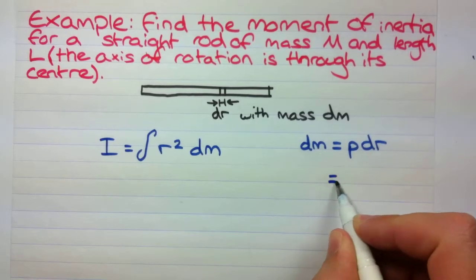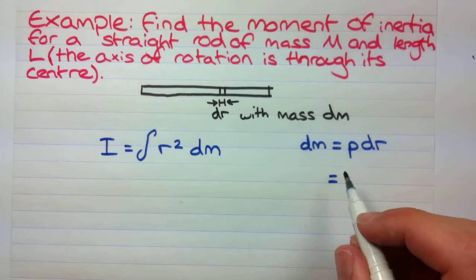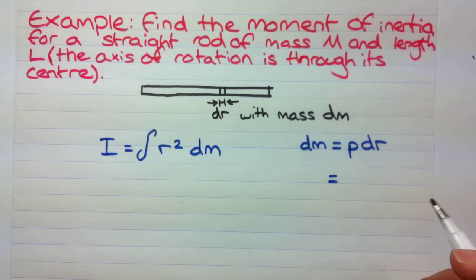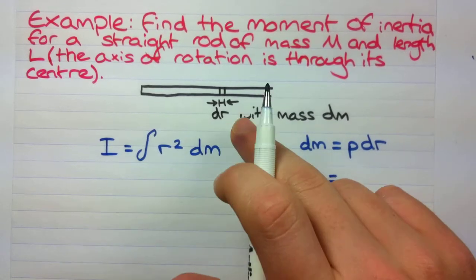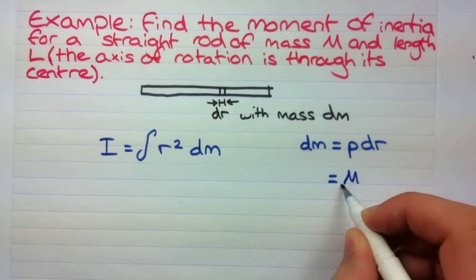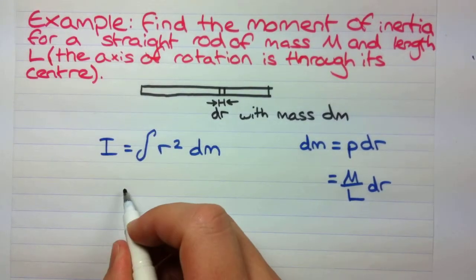Already we're starting to get rid of this dm. Now the density of a rod is just mass over volume, but in this case we're only assuming it's one-dimensional, so it would just be mass over length. Now we can sub that across in here.